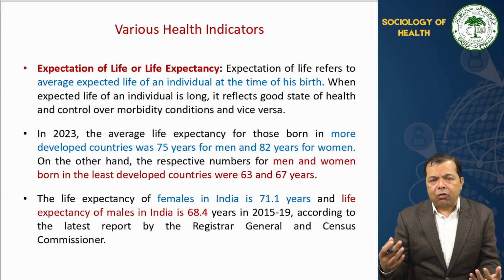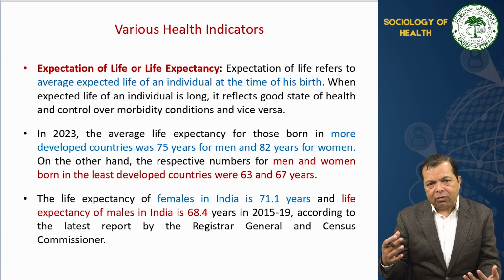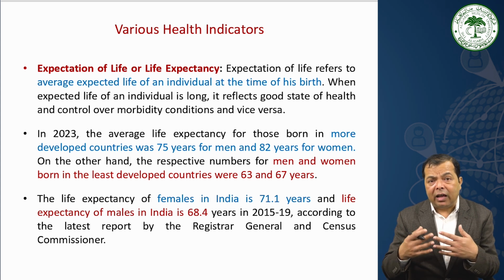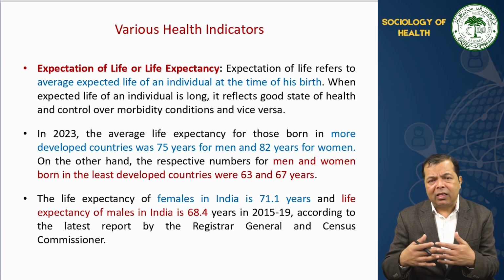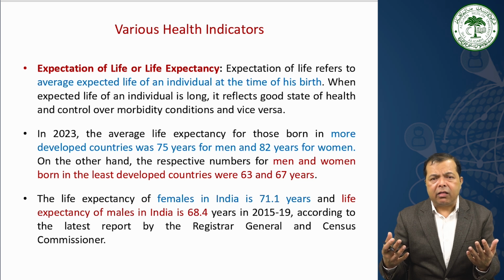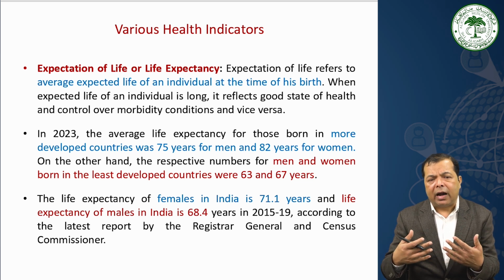And we all know that sociology is a study of social groups, as we have discussed in the first lecture also. We are basically focusing on understanding and explaining that. So if there are health differences existing among different sections of the population on the basis of multiple identities, then these indicators could be very helpful in understanding that.